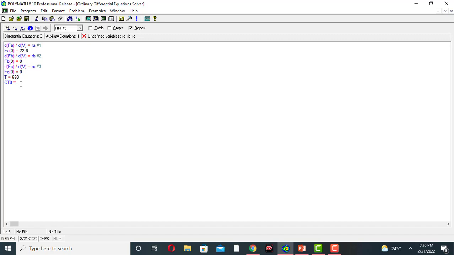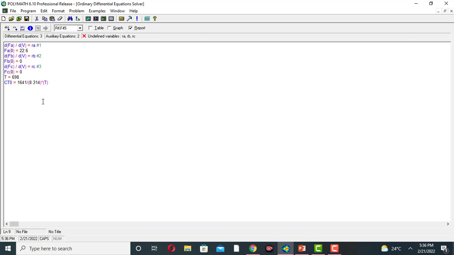So the value of pressure was 1641 kilopascal divided by the value of R, which is 8.314, multiplied by the temperature 698.